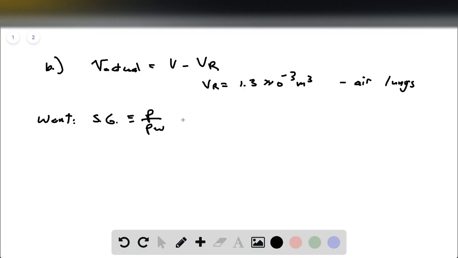And density is mass per unit volume, so I'll write that here. So the density of this person is the mass over the actual volume, still divided by the density of water here. So that's how we're calculating what we want to find, which is specific gravity.